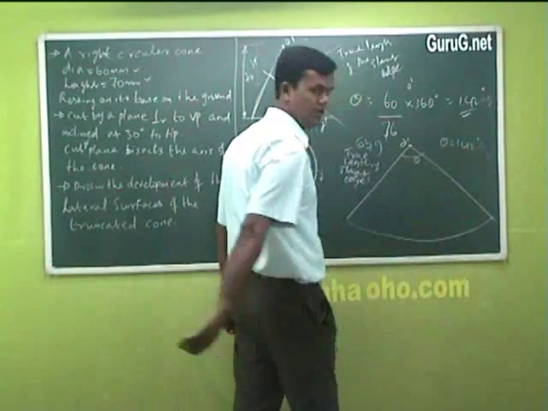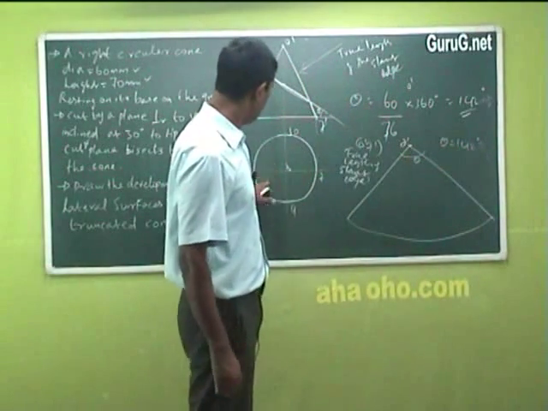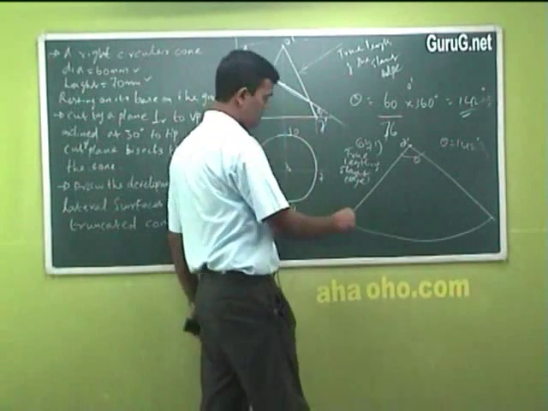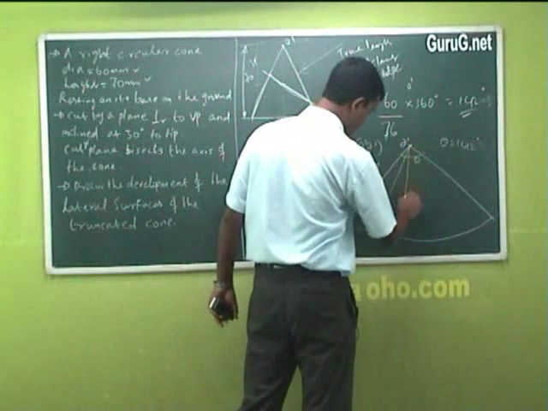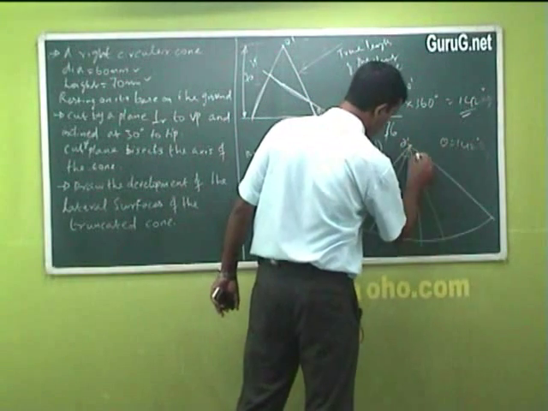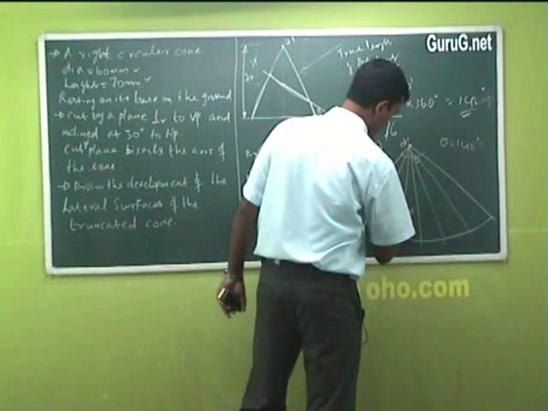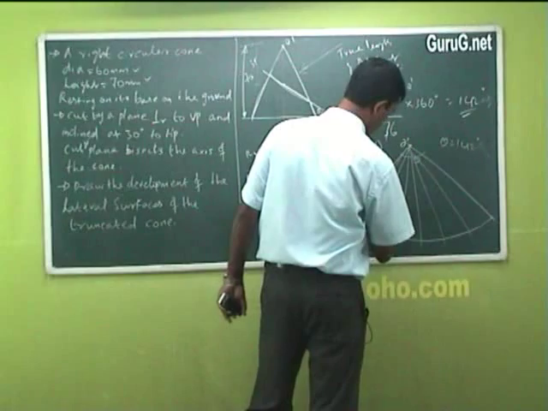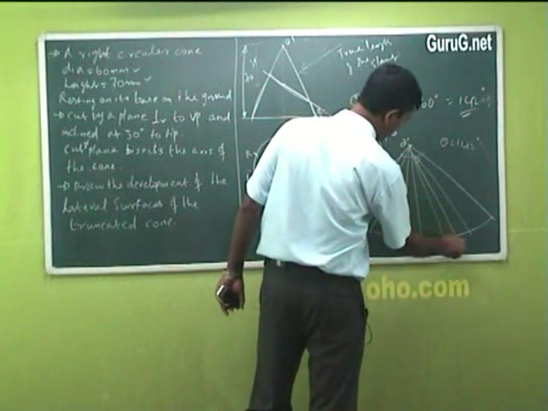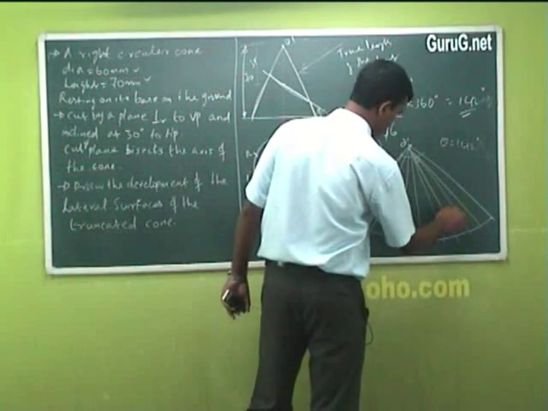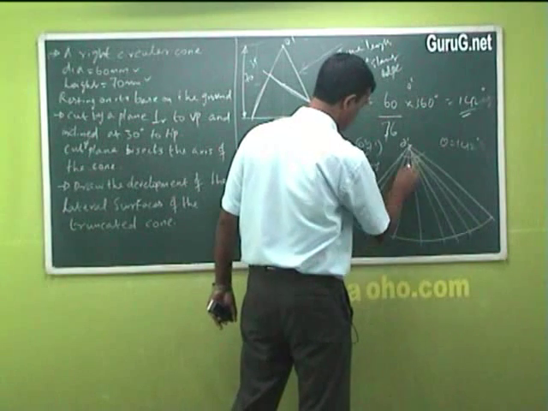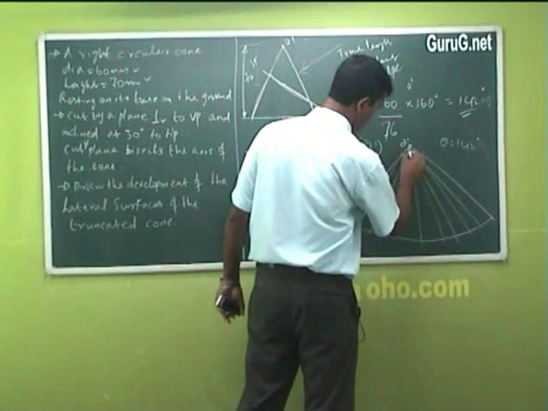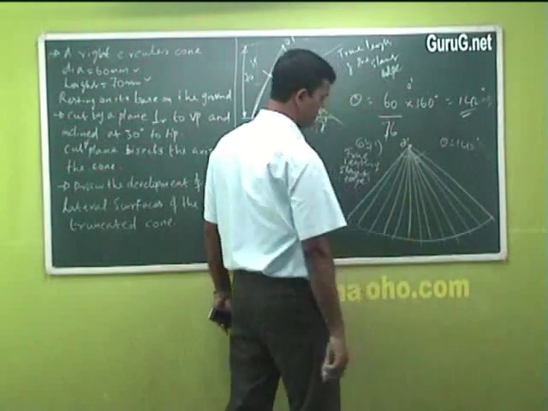Say it's 142 approximately. Now you divide this into how many parts? You have taken the base into 12 equal parts, so you finish with 12, 1 to 12. So divide it into 12 equal parts, numbering 1, 2, 3 up to 11 and 12.